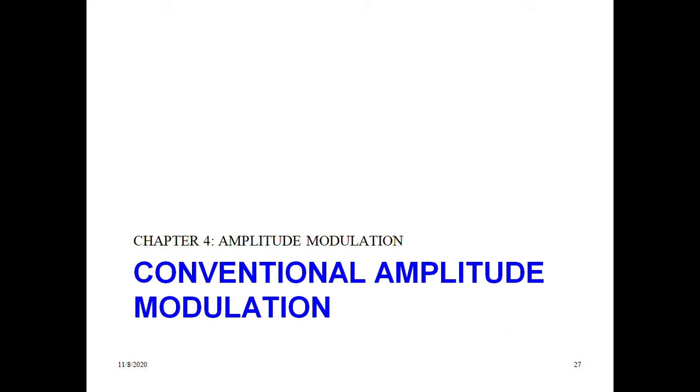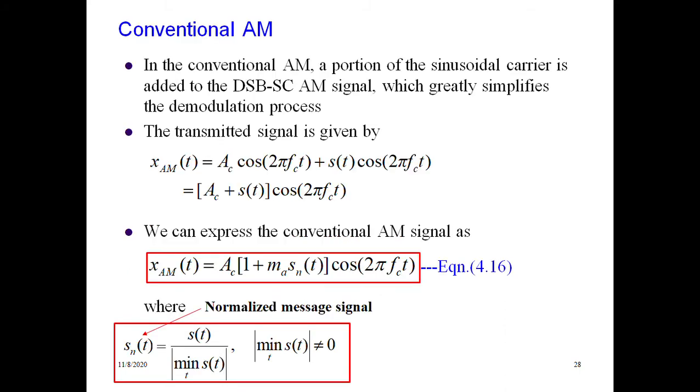Today I'm going to share about conventional amplitude modulation. Previously we have learned about double sideband suppressed carrier amplitude modulation. For conventional AM, we just add a carrier to the DSBSC.